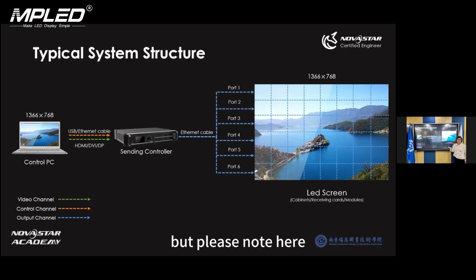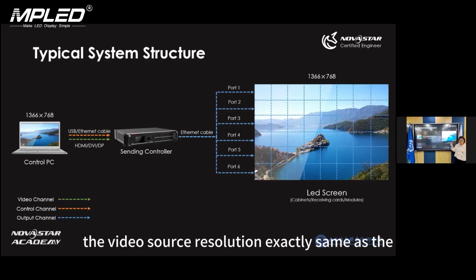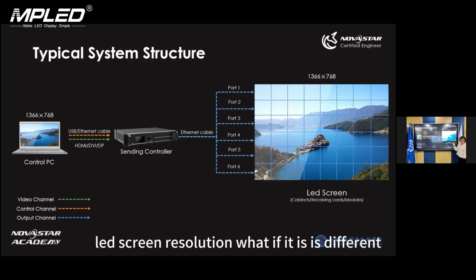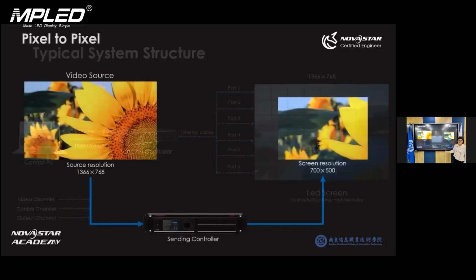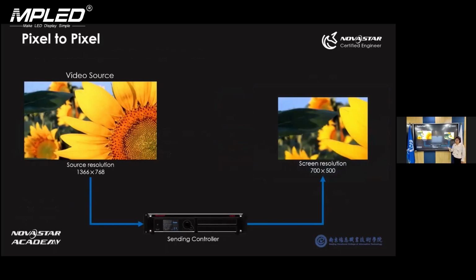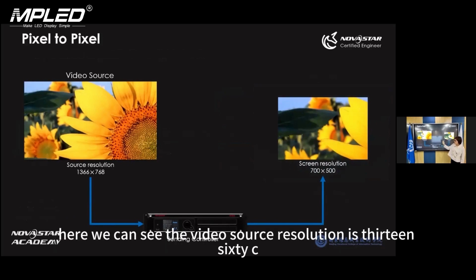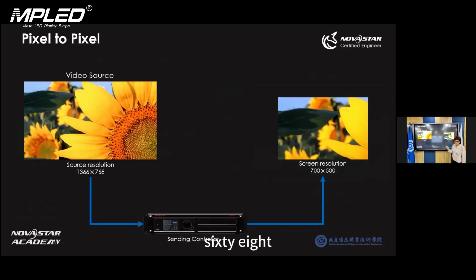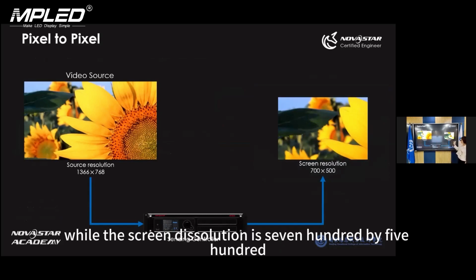But please note here, the video source resolution is exactly the same as the LED screen resolution. What if it is different? Well, mostly the source resolution is different from the screen resolution. Here we can see the video source resolution is 1366 by 768, while the screen resolution is 700 by 500.